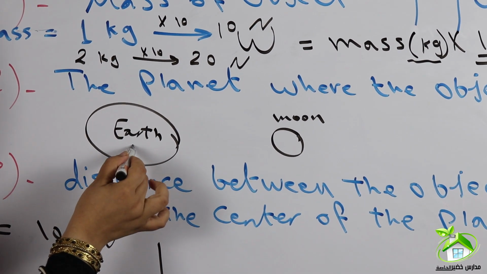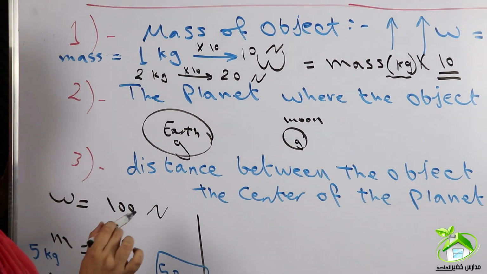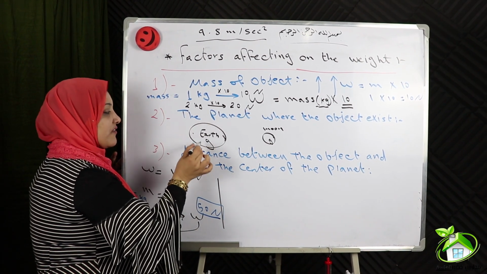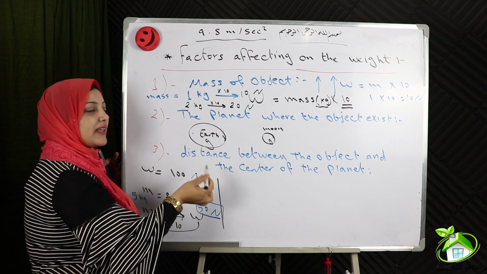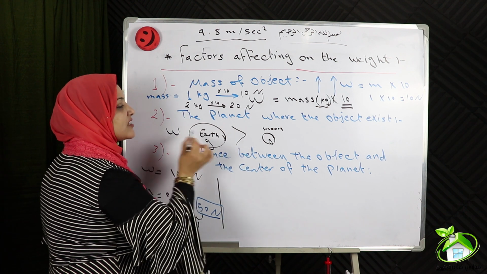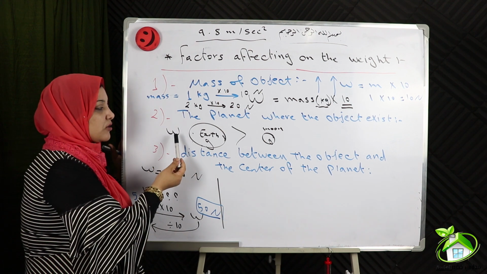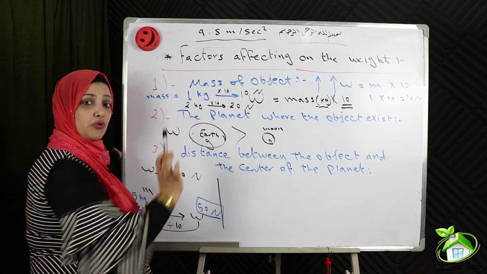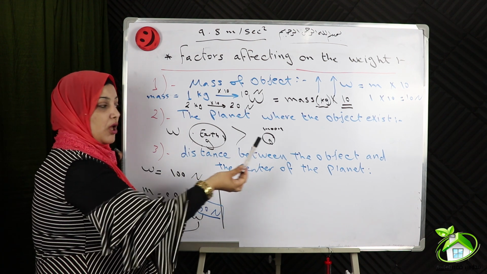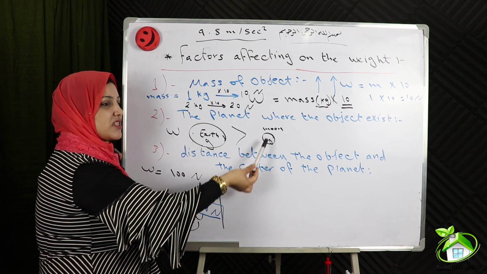So the gravity on Earth is bigger than the gravity on the moon. طيب يبقى when the mass increases, the gravity increases. طب احنا لما نيجي نعمل calculate للويت هنلاقي كمان الويت on Earth is bigger than the weight on the moon. طب يجي يقول لي give reason: the weight on Earth is bigger than the weight on the moon. Why? Because the gravity of Earth is bigger than the gravity of the moon.